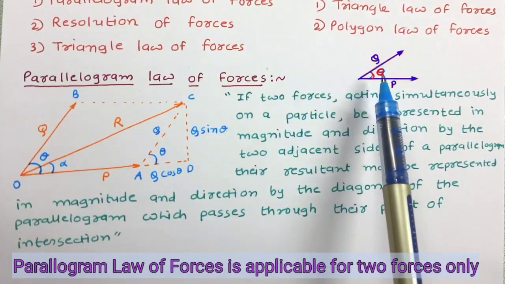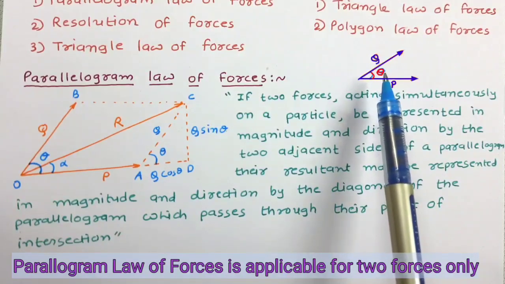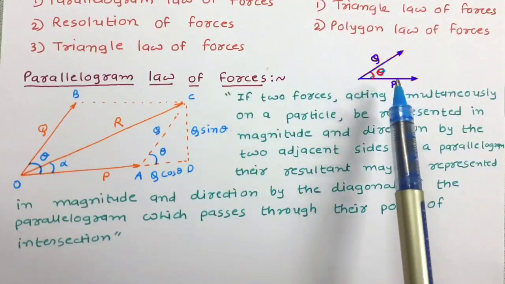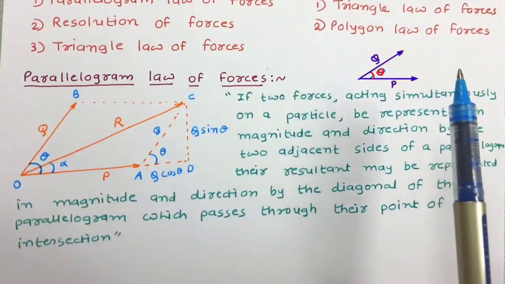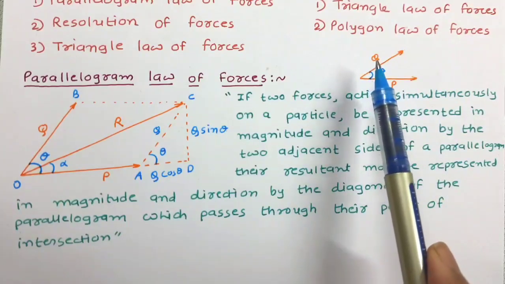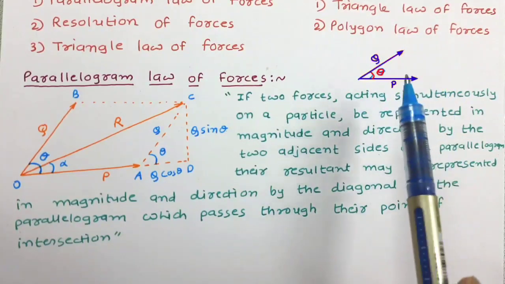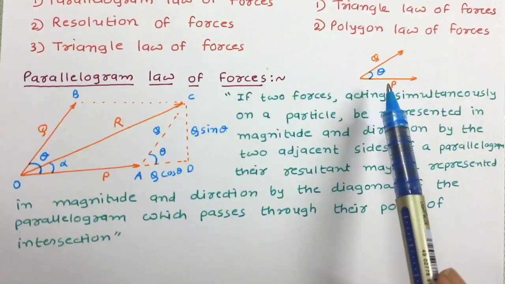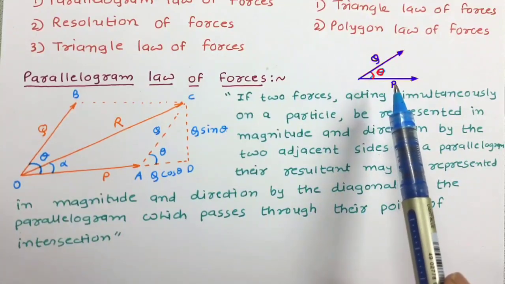It is not applicable if more than two forces are there. By this method, we can determine the resultant of any two forces. So when two forces are given and we know the angle between them, we can apply this law.